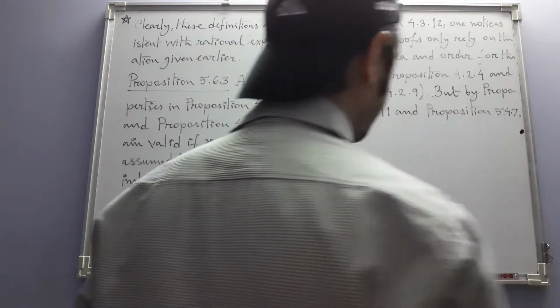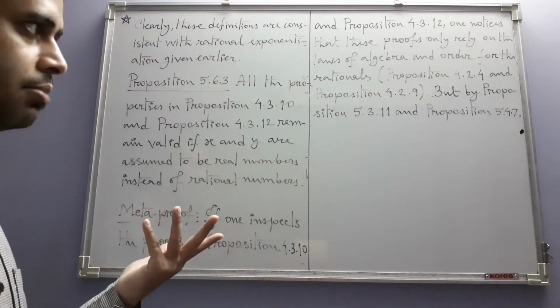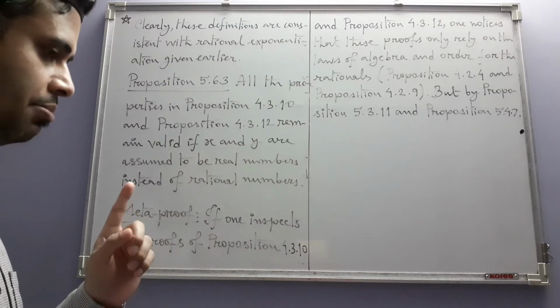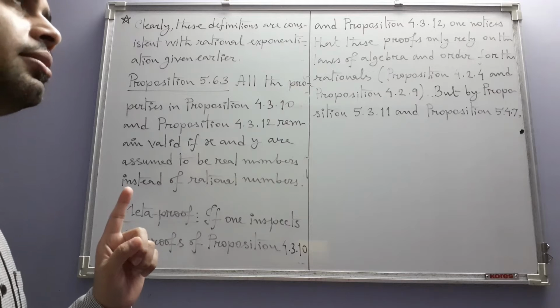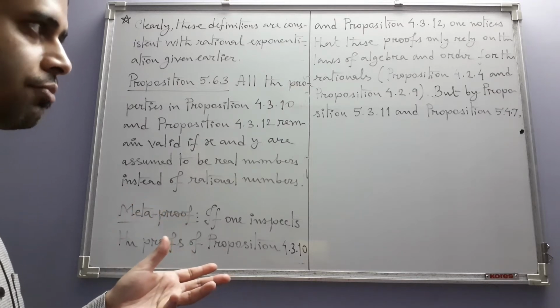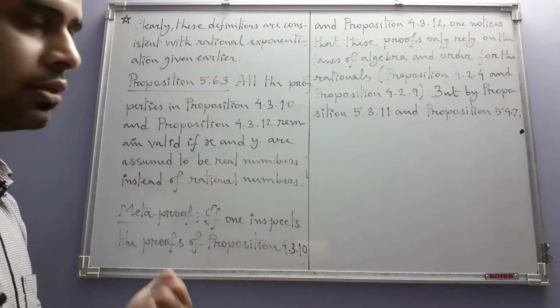So I think proposition 5.3.11 contains the laws of algebra. I don't think it immediately says that the real numbers form a field; it says that the real numbers form a commutative ring.